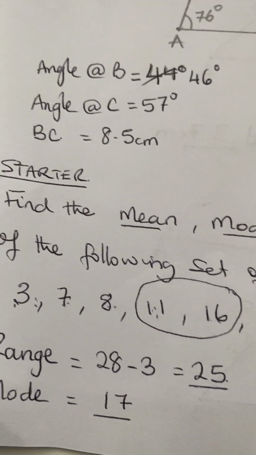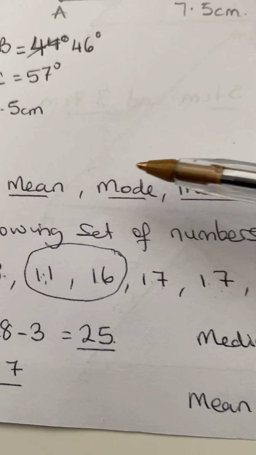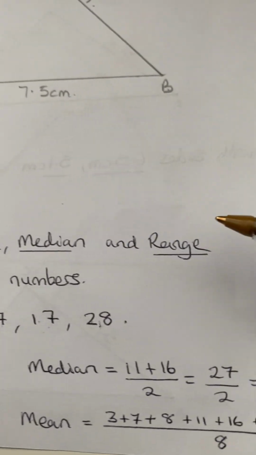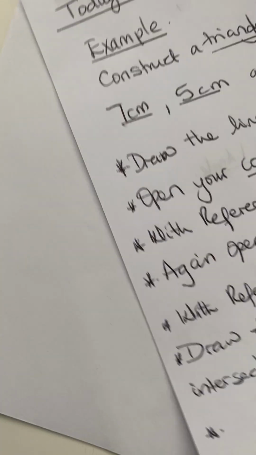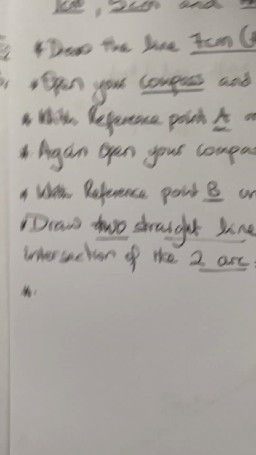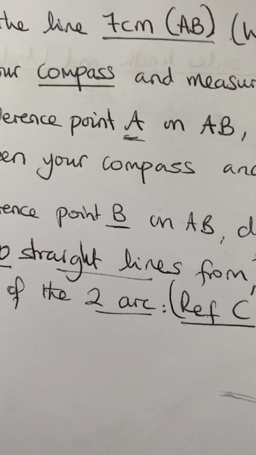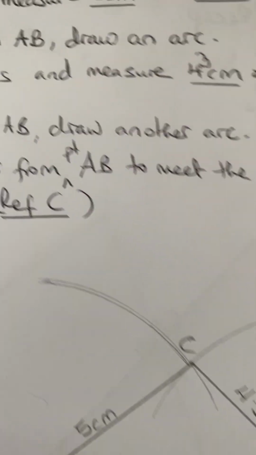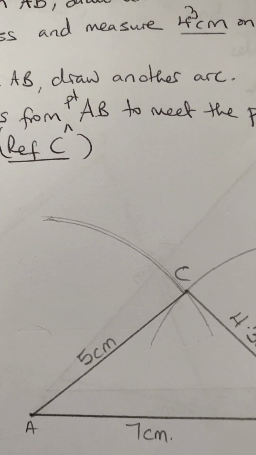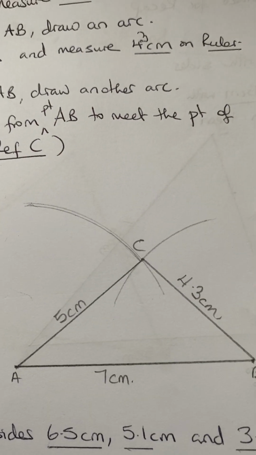We got a set of numbers, and then we found the mean, mode, median, and range. And then we went on. I showed you and talked you through how to construct a triangle with three known sides, and I've just done some examples with you.